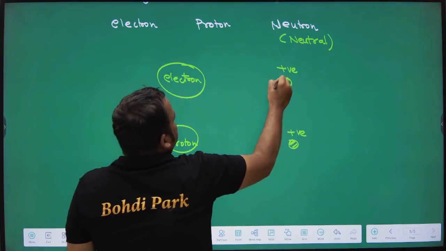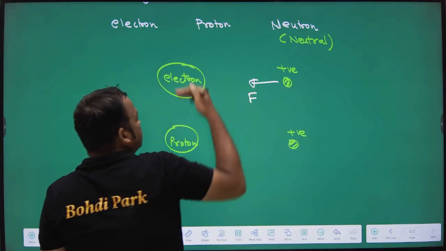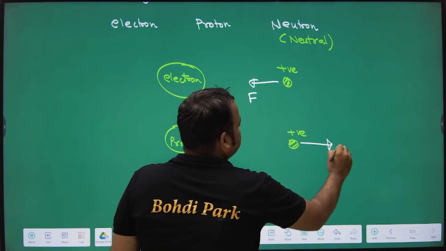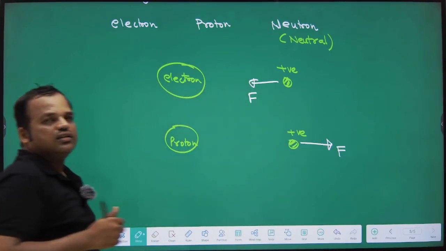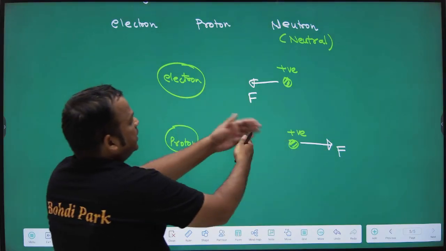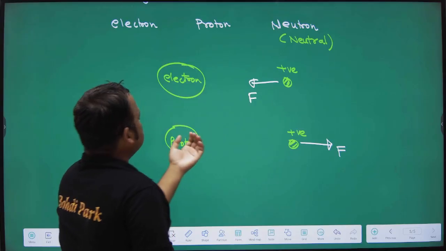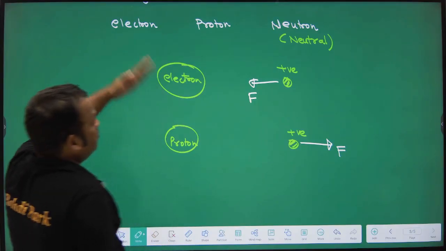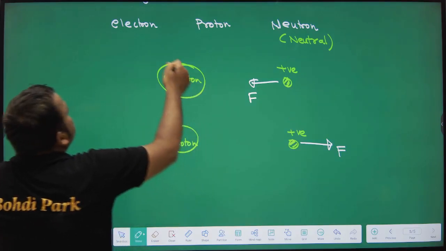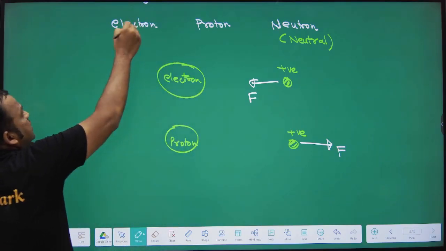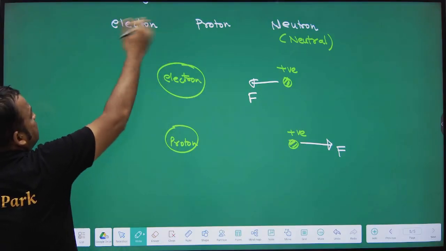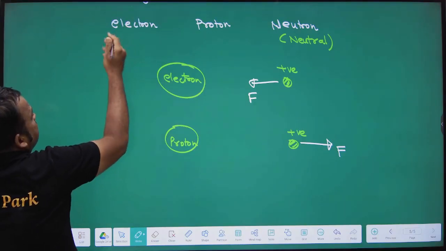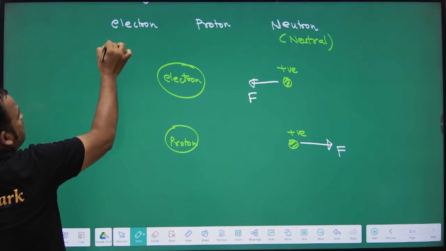The electron is attracting it with a force F, and the proton is repelling it with a force F. So they have opposite nature, but the magnitude of charge is the same. So scientists and researchers have considered that the charge on electron is said to be negative.